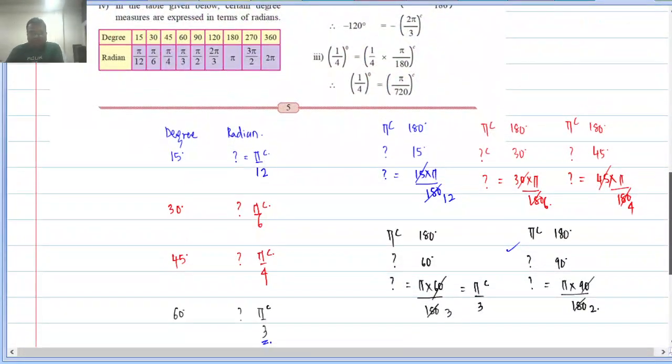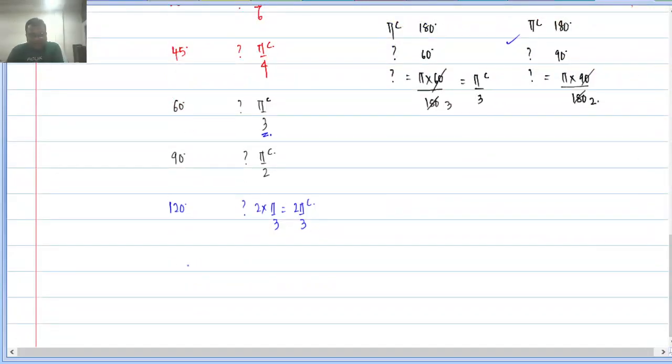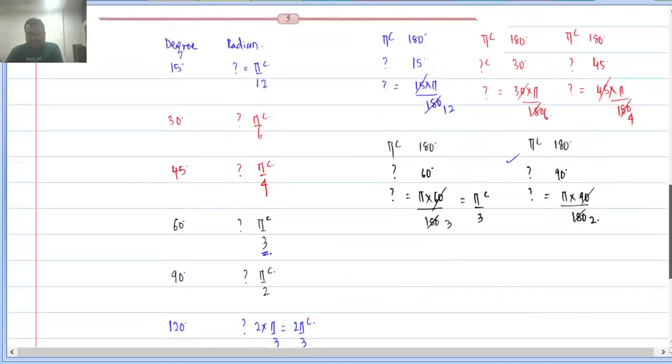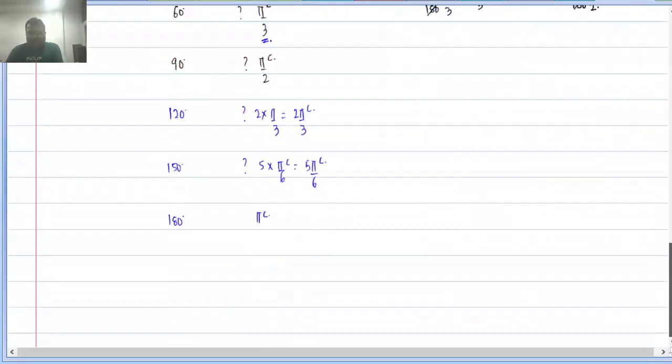Then 180, but before 180, let's look at 150 also. 150 degrees is how many radians? 150 is 5 into 30. But 30 degrees is pi by 6. So 5 into pi by 6, which is 5 pi by 6 radians. Then 180 degrees. But we know that 180 degrees is pi radians. Okay. 270.